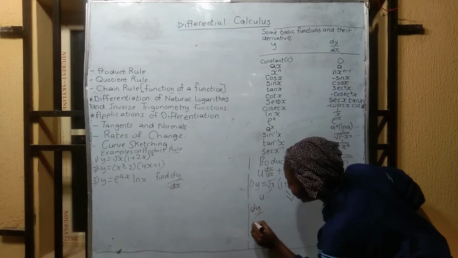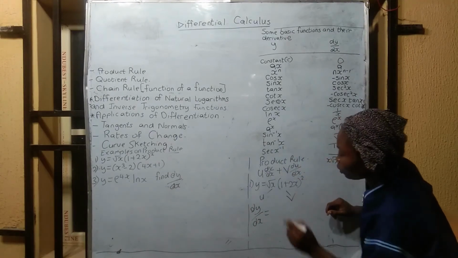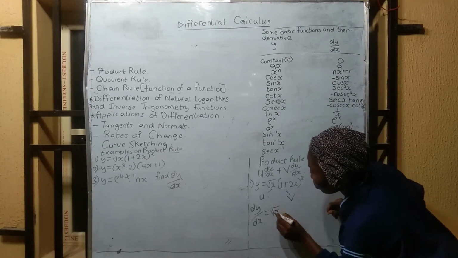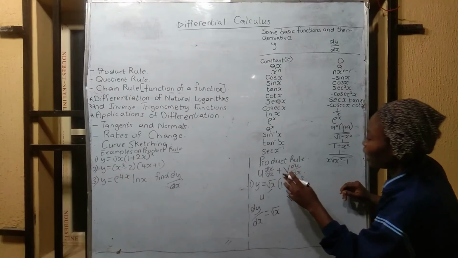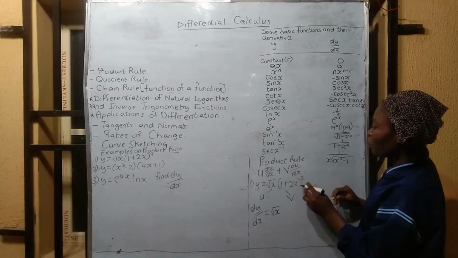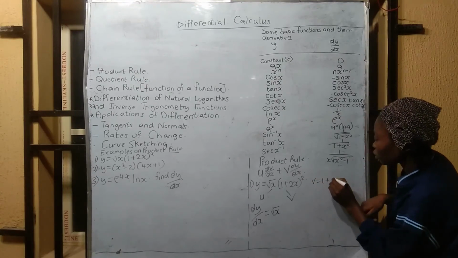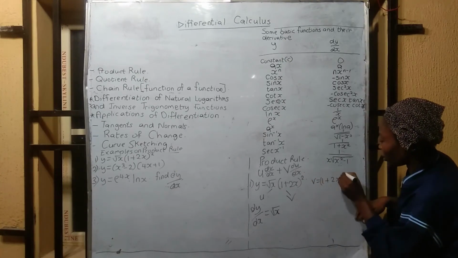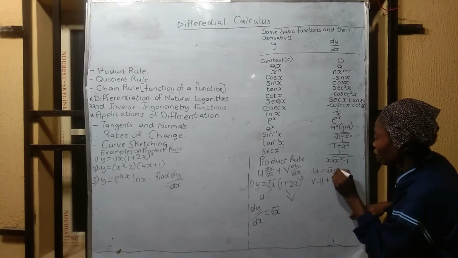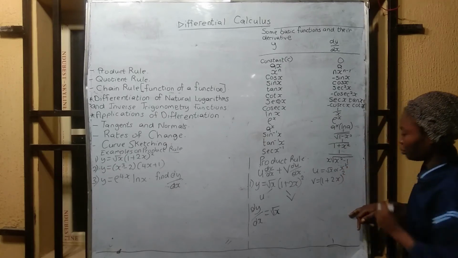Then we have dy/dx equals, now what's our u? We have root x, and our dv/dx. Now we are differentiating our v, which is 1 plus 2x, everything squared, and our u equals root x, or x raised to power half.